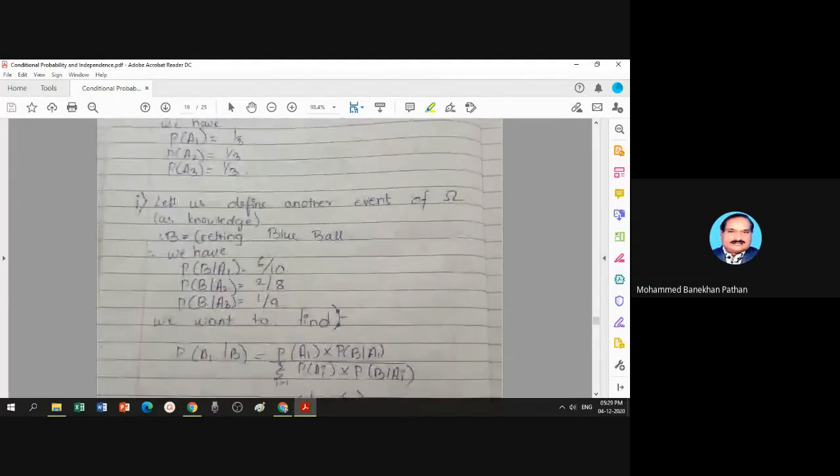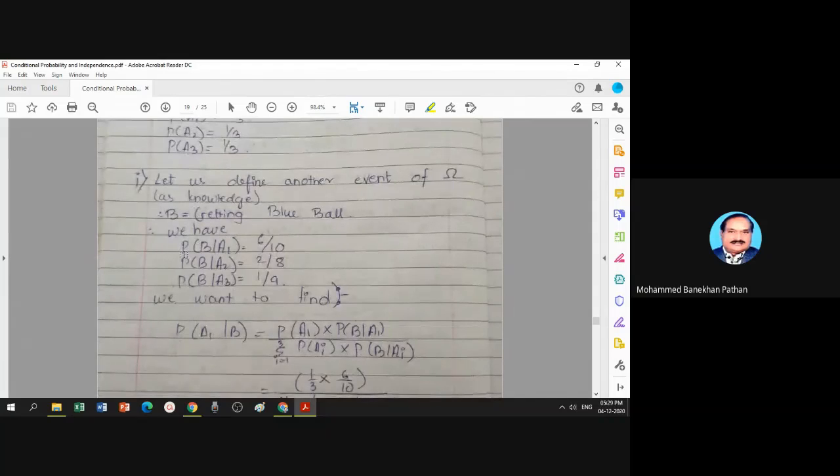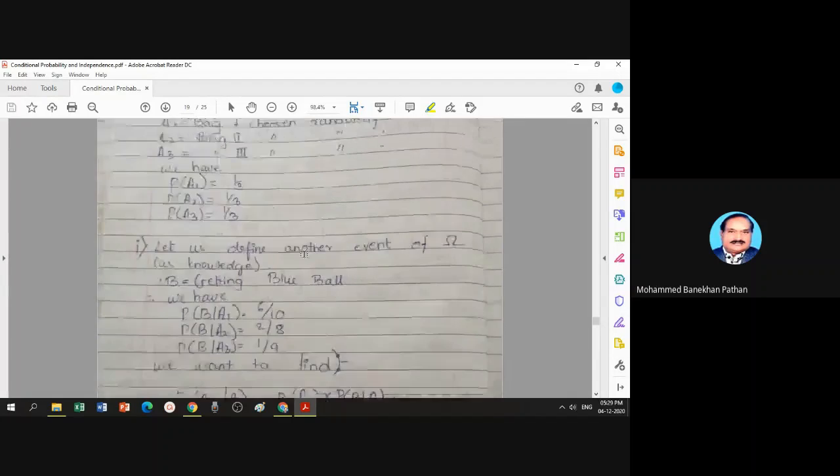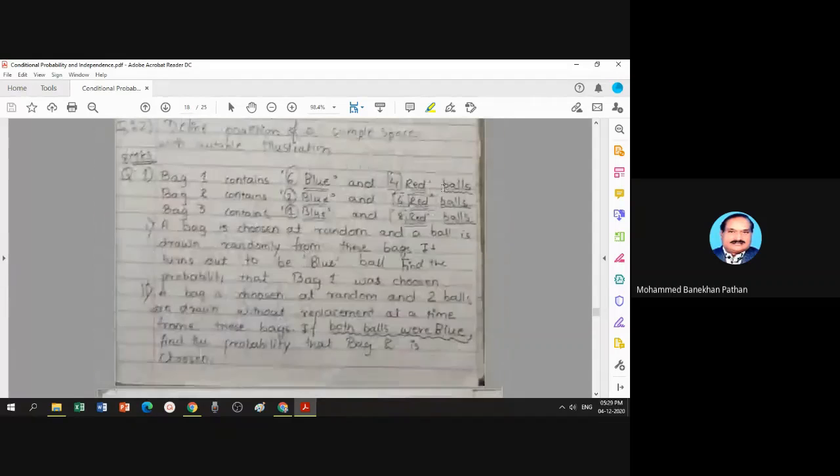Now, according to bit 1, I define another event from omega. B equals getting a blue ball. For this event, I calculate the chance of getting blue from A1. In bag 1, total balls are 10. Out of 10, there are 6 blue. So the chance of getting blue from A1 is 6 by 10.